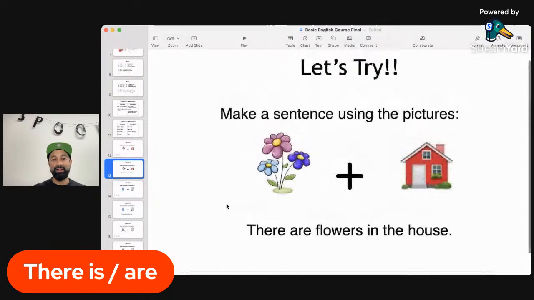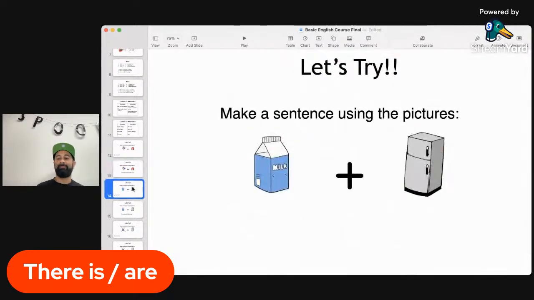Okay, so let's look at the next one. We've got on the left side the noun, and on the right side the location. Please make a sentence using there is, there are, and then tell me where it is.